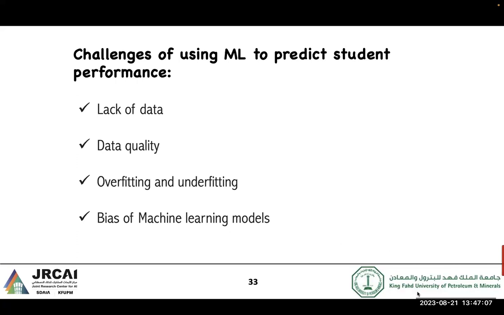Another technical problem is overfitting and underfitting of the model. Sometimes the model performs well in training, but in testing it does not work. The last one is fairness. Sometimes the data is biased, so you make good predictions for some groups of students but not others. This is the bias that we see.